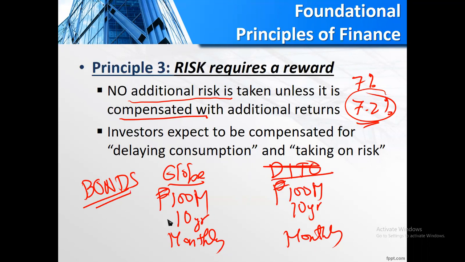Both of them are borrowing 100 million, 10 years, ibig sabihin payable in 10 years. Interest to be paid monthly. One company issued a 7% bond. The other company issued the 7.2% bond. Question, which company issued the 7.2% bond? Okay, Dito.